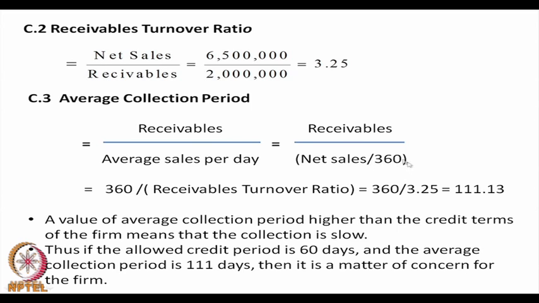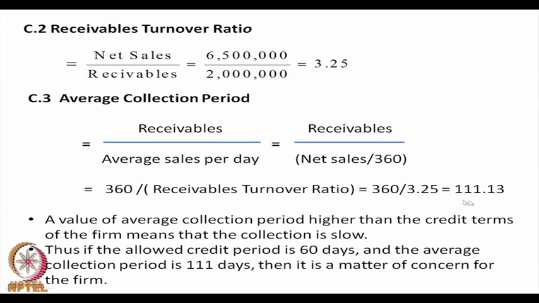So, 360 can go up, receivables can come down. So, it is 360 divided by net sales by receivables. Net sales by receivables is nothing but receivables turnover ratio. So, this is nothing but 360 divided by receivables turnover ratio. So, 360 divided by 3.25, it is 111.13.